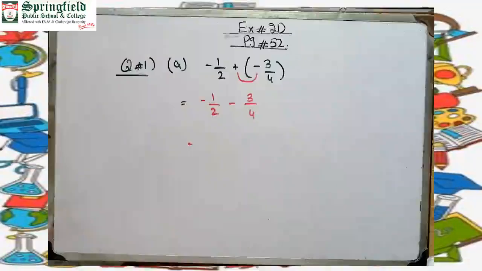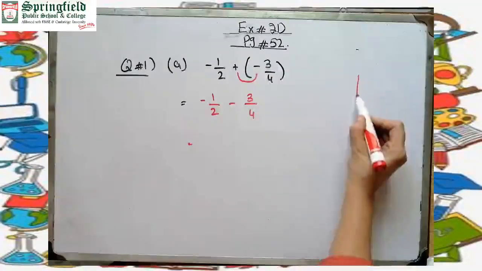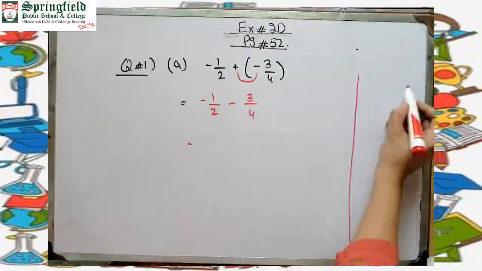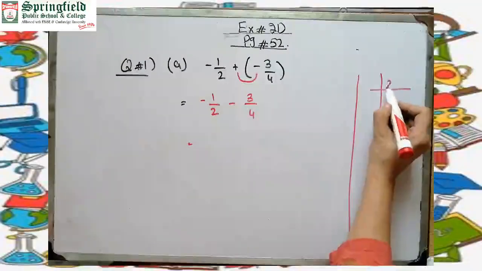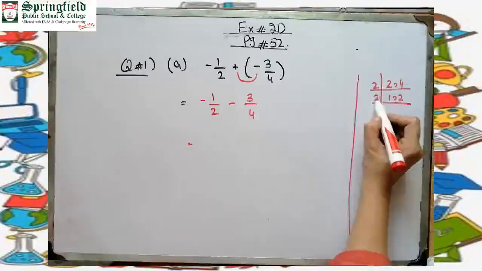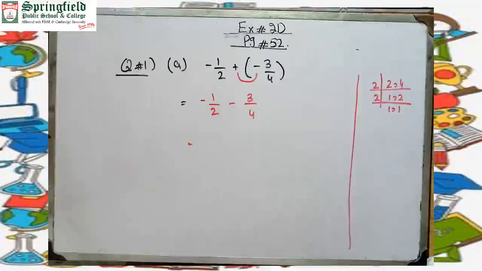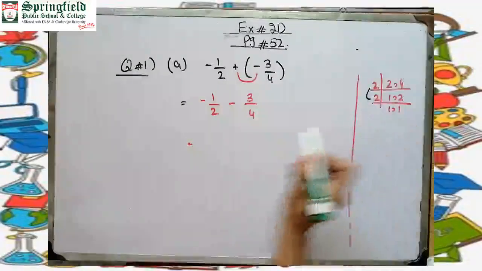Now these are small fractions, convert them into a common fraction. We can do this by finding the LCM of the denominators. So find the LCM of the denominators 2 and 4. 2 1s are 2, 2 2s are 4, and 1 and 1. So the LCM is 2 multiplied by 4.